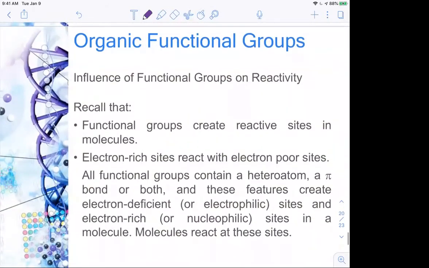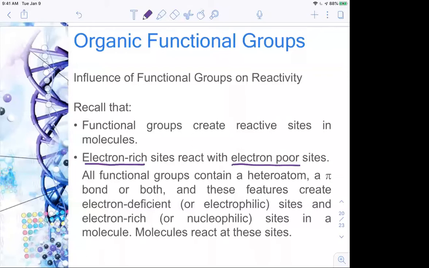Now, let's look at the influence of functional groups on reactivity. Functional groups are those groups of atoms that create reactive sites in the molecule. Things that are electron rich react with things that are electron poor. All functional groups contain some heteroatom, a pi bond, or both.